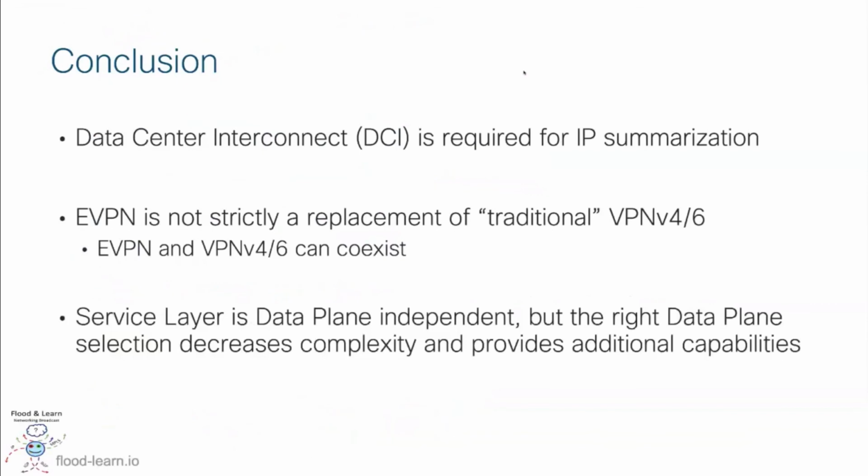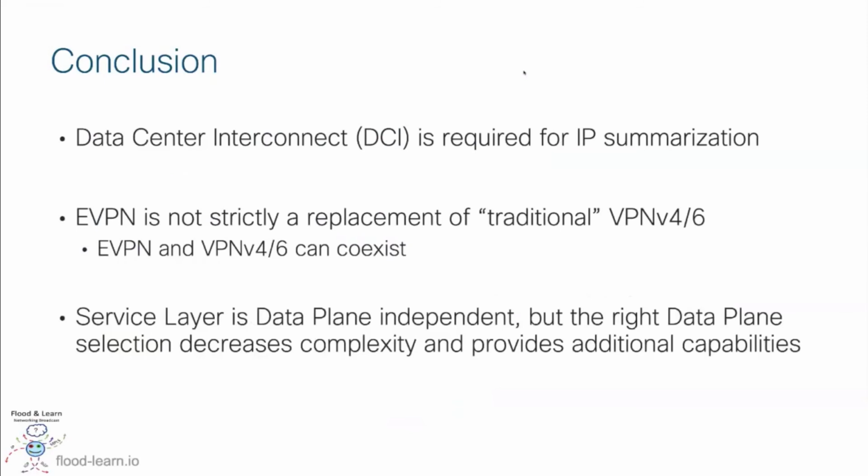So let's do a very quick conclusion. Data center interconnect very often requires IP summarization. Why IP summarization? Because I need to scale. This is most of the time the reason why it's good to do the layer 3 interconnect, because on the DCI you can really summarize your IP addresses and advertise just the summary prefix.